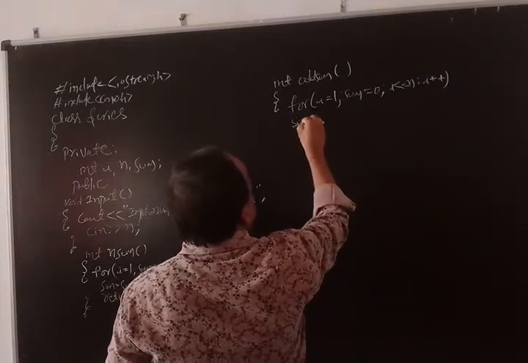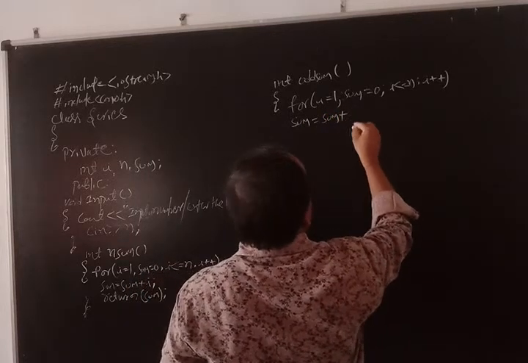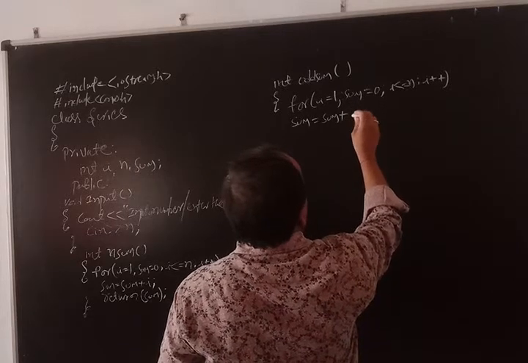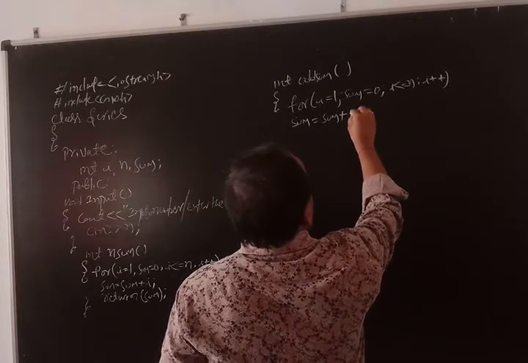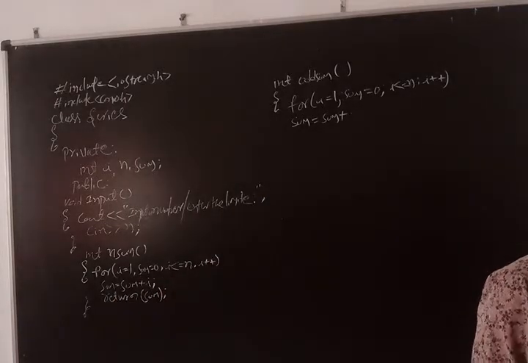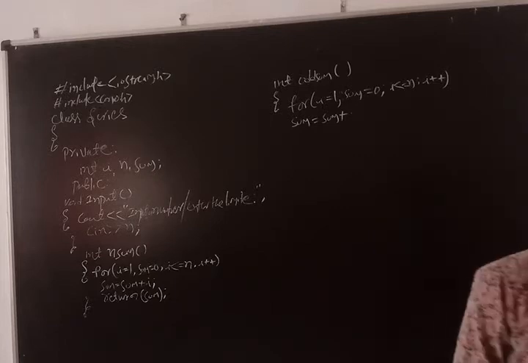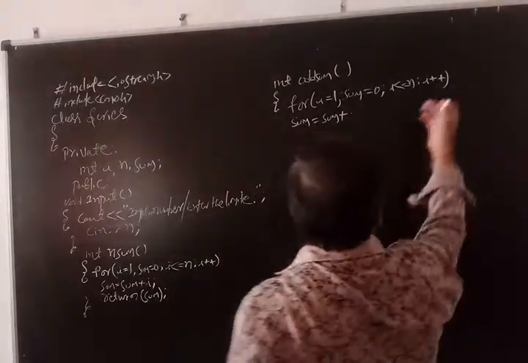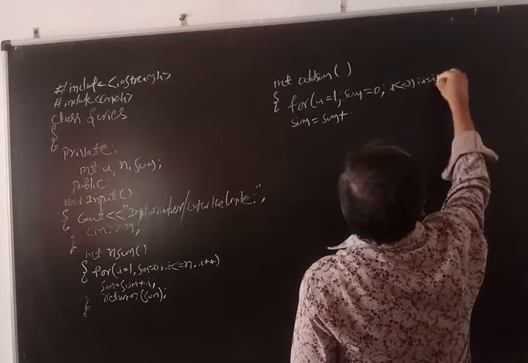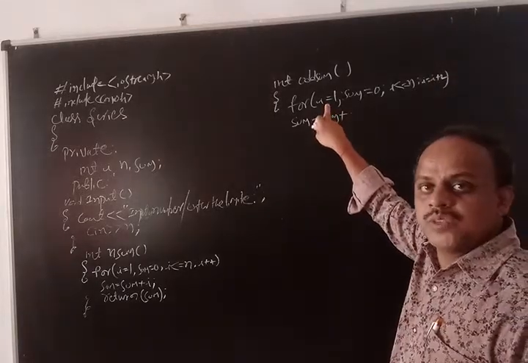Next, sum is equal to sum plus i. For this odd sum I am going to consider i is equal to i plus 2, because the initial odd number is 1.